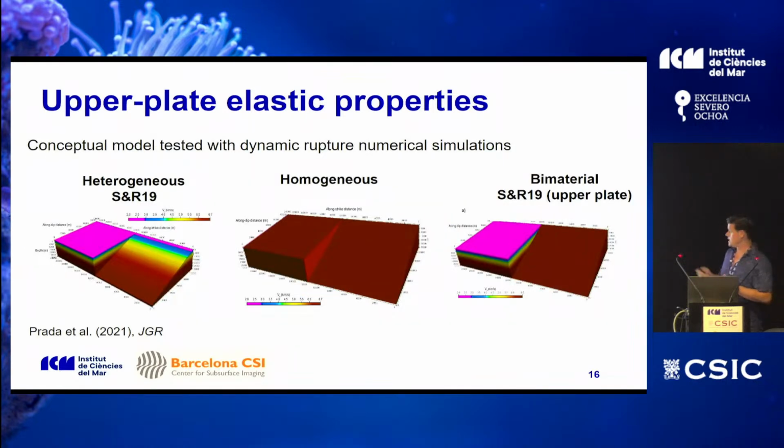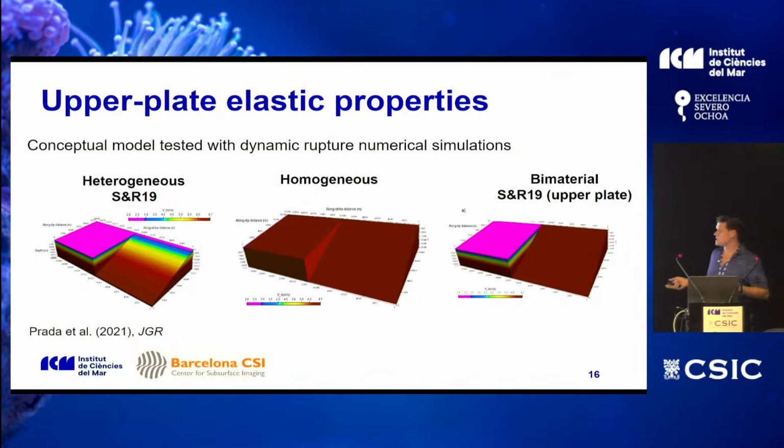After this conceptual model was presented, we used numerical simulations to validate this conceptual idea. We use a numerical rupture dynamic simulation tool that takes into account 2 ingredients. The first one is the elastic properties of the media, and the second one is the fault friction. And as I said, fault friction is quite uncertain.